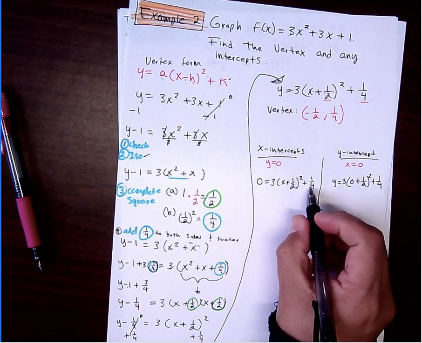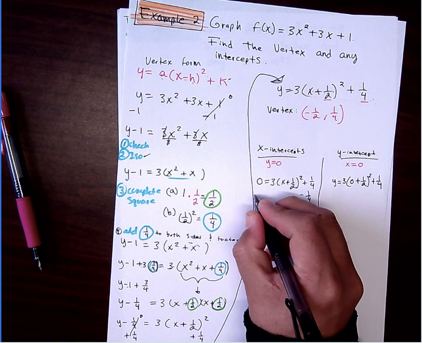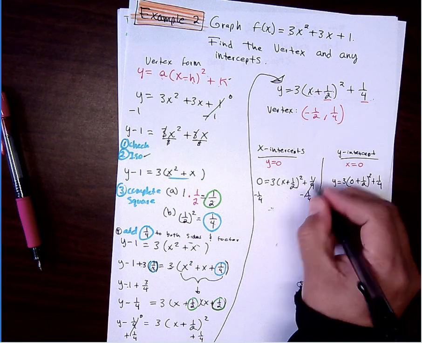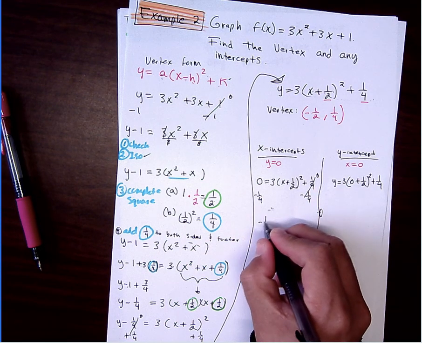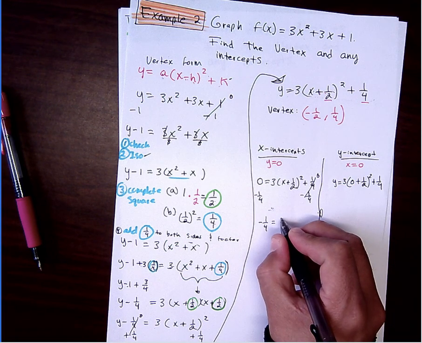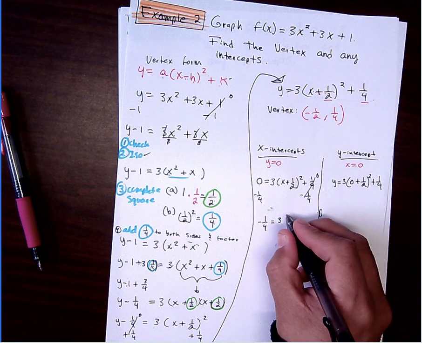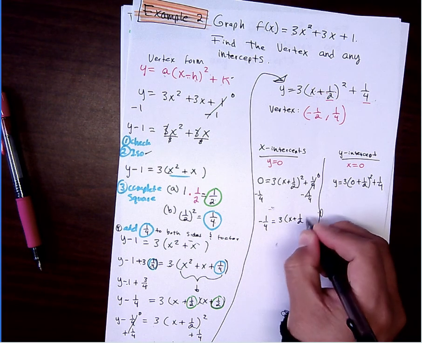So here I'm going to bring this one over to this side. So we got negative 1/4 is equal to 3 x plus 1/2 squared.